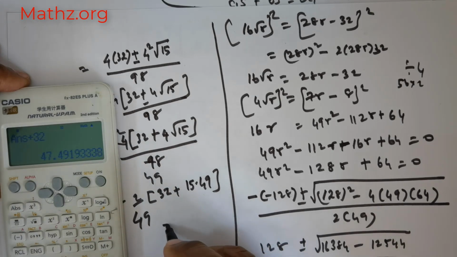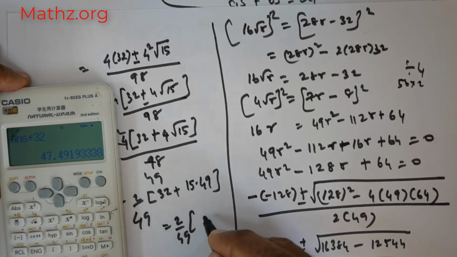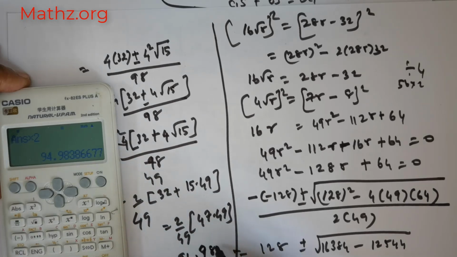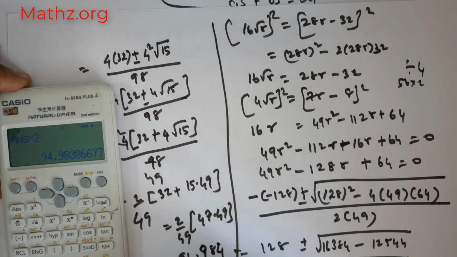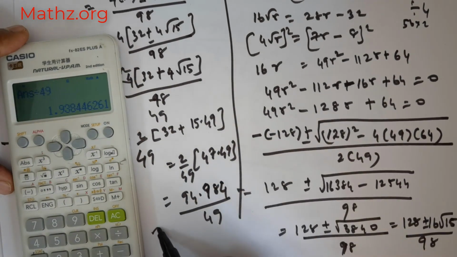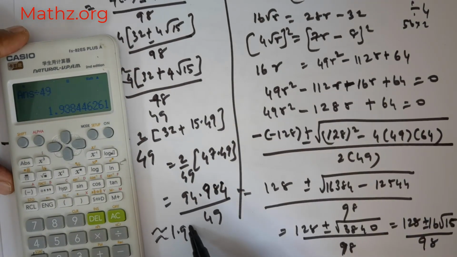I get 2 over 49 times 47.49. I multiply it by 2 and I get 94.984 divided by 49. I will divide this by 49, and that is approximately 1.94.